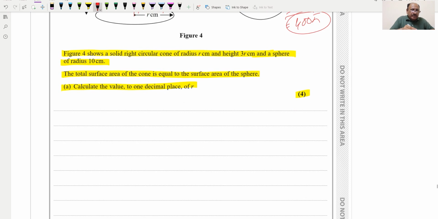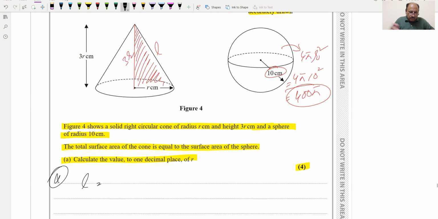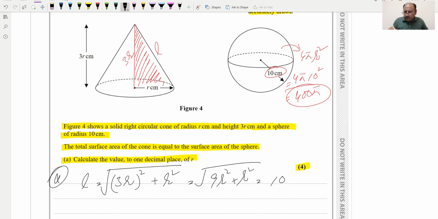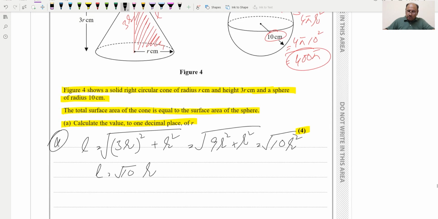So L is equal to, by Pythagoras theorem, the square root of 3r squared plus r squared, which is equal to the square root of 9r squared plus r squared, which is the square root of 10r squared, so L is equal to root 10 times r.